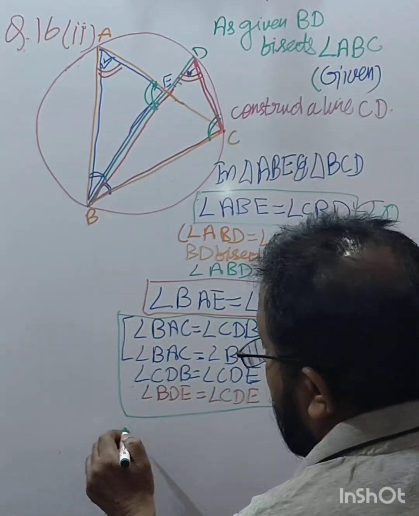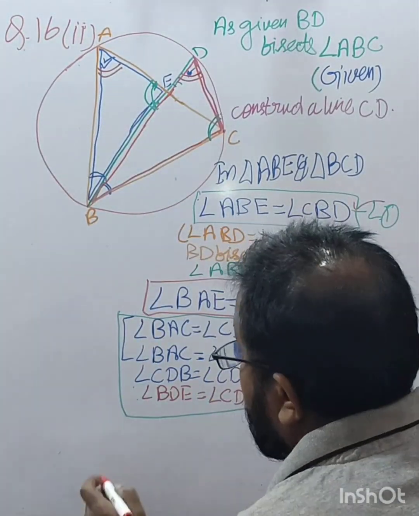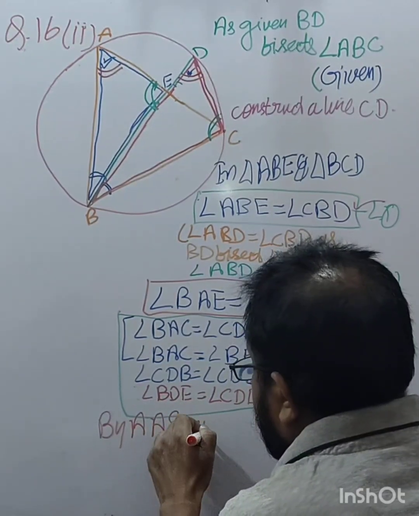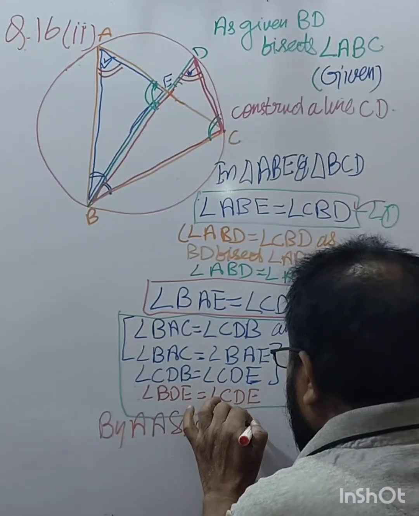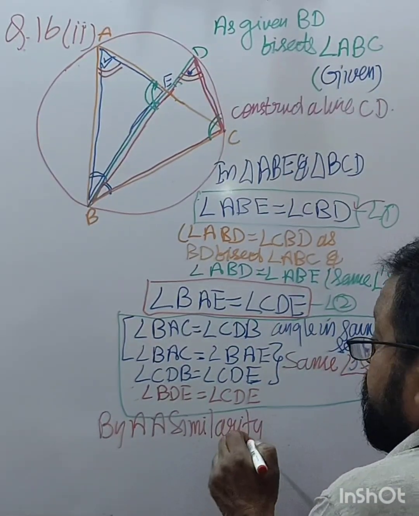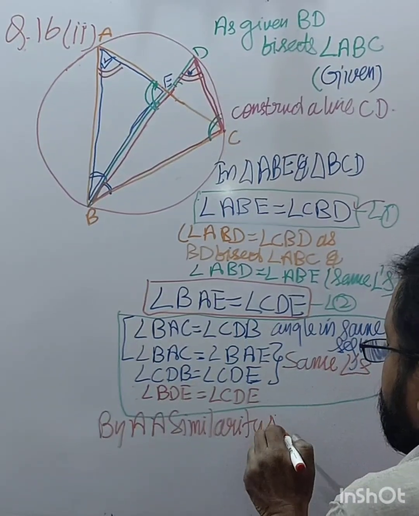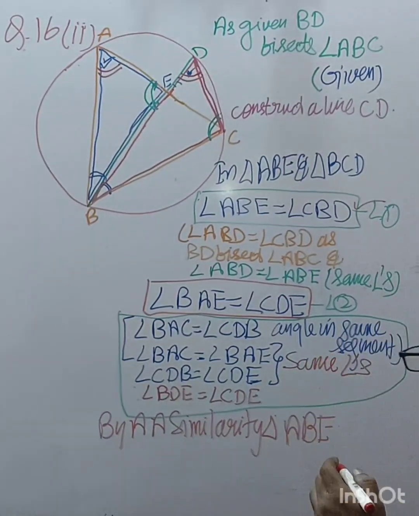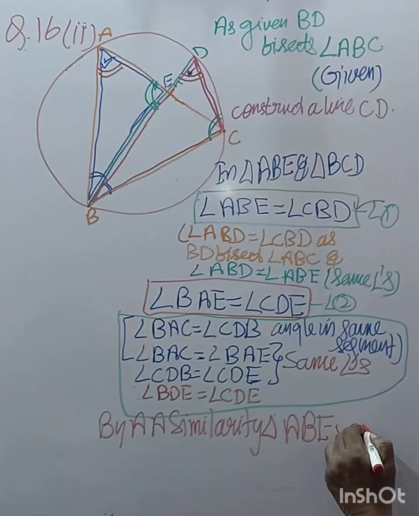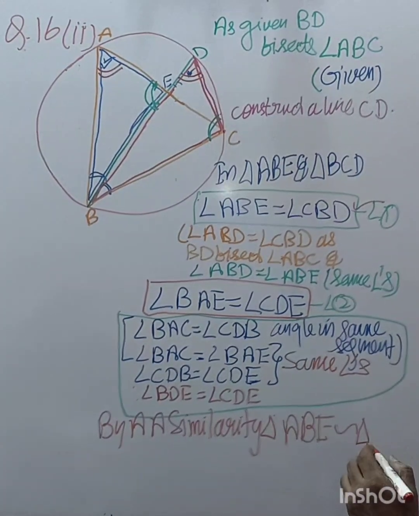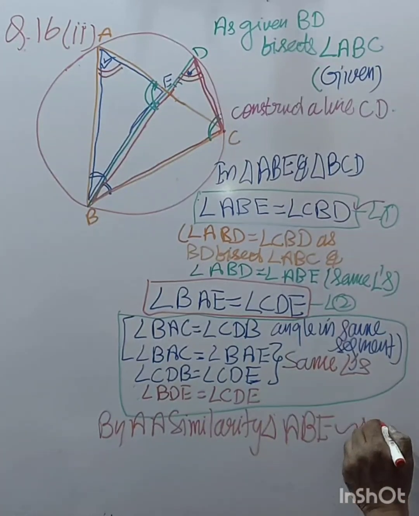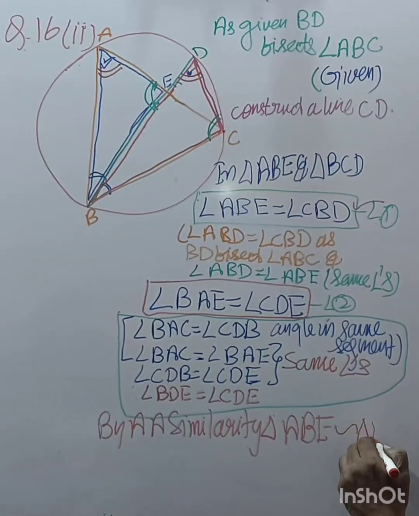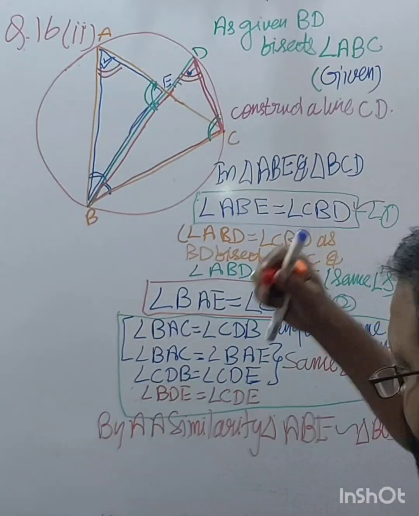So, by similarity, triangle ABE is similar to triangle CBD, BCD.